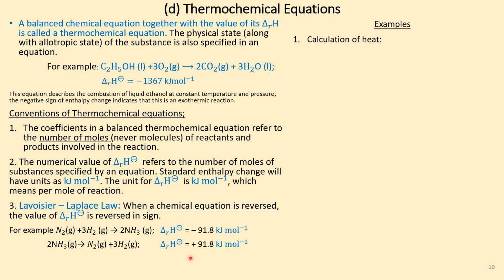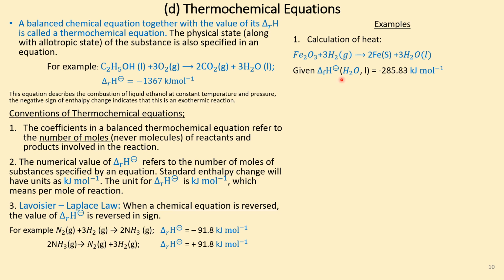Examples. Let us consider some examples. Calculation of heat. Consider the equation Fe2O3 plus 3H2 gas combine to form 2Fe plus 3H2O in solid and liquid state respectively.